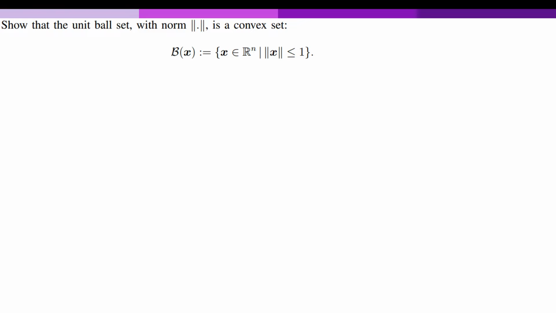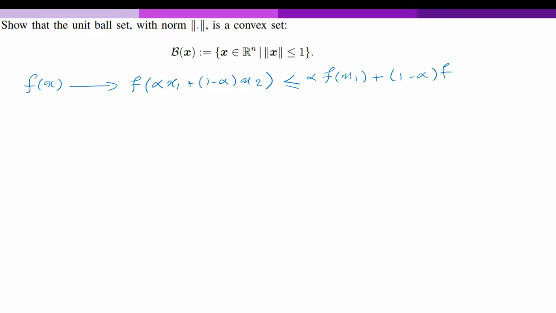Based on the definition of a convex function, for f as a function of x to be convex, the definition says that f of alpha x1 plus 1 minus alpha x2 must be less than or equal to alpha f of x1 plus 1 minus alpha f of x2.